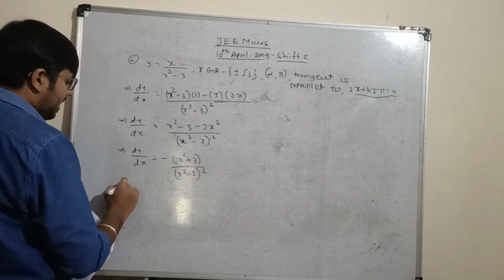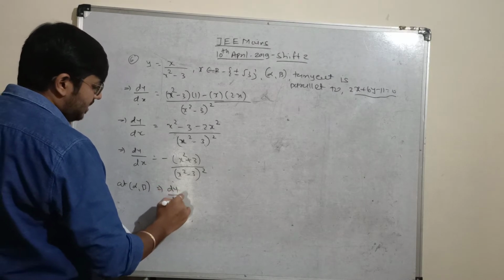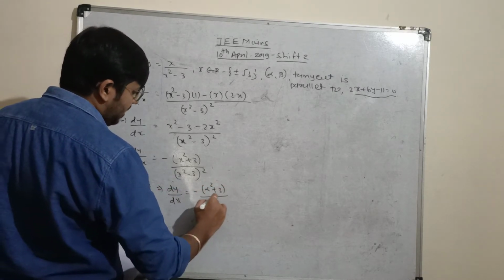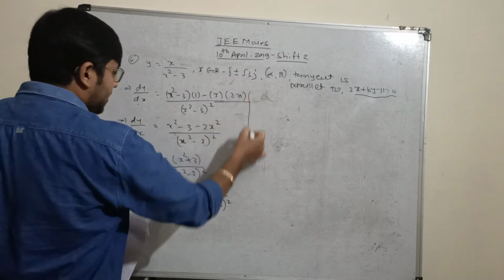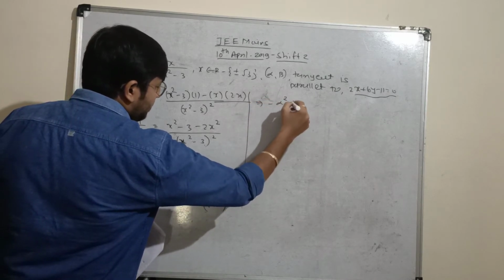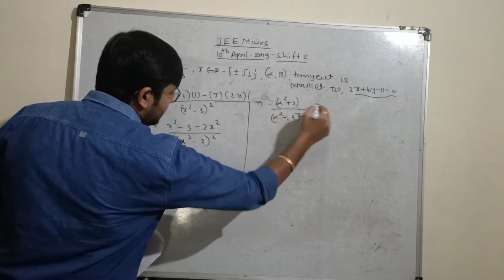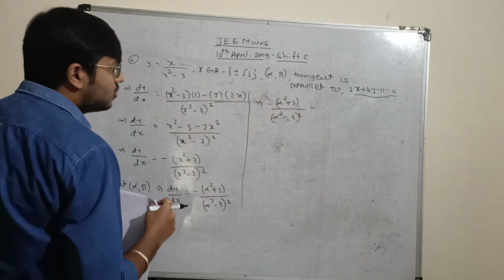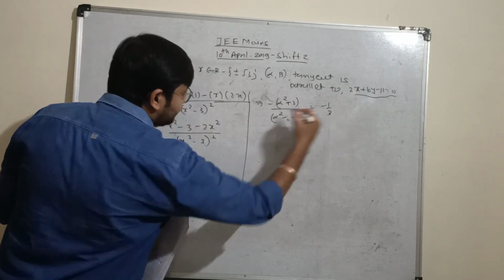So at alpha beta, dy by dx is minus (alpha square plus 3) upon (alpha square minus 3) whole square. This slope is equal to the slope of the line, and the line has a slope of minus 2 by 6, that is minus 1 by 3.